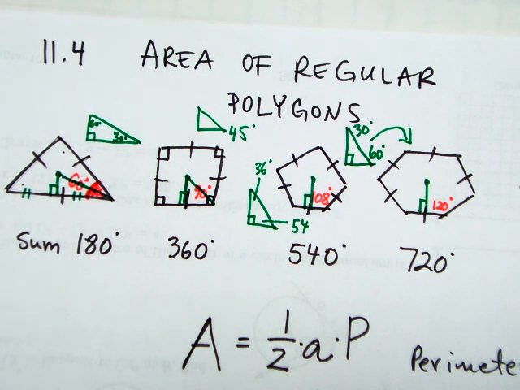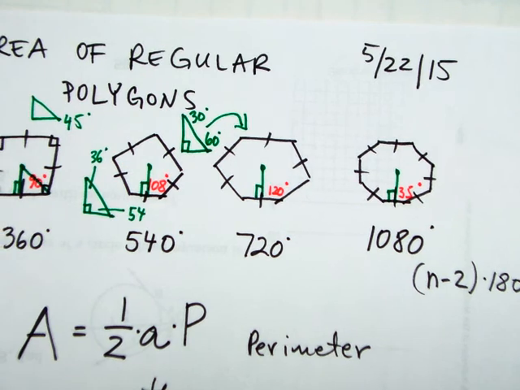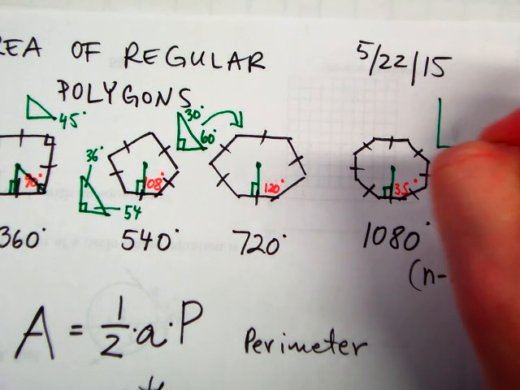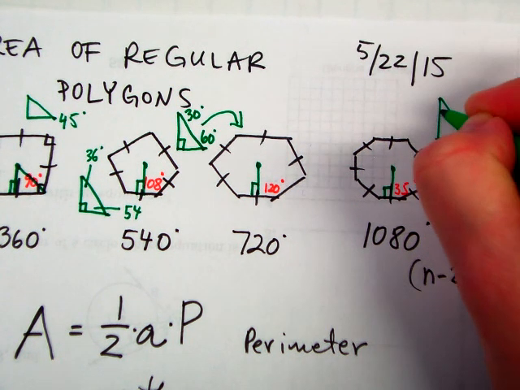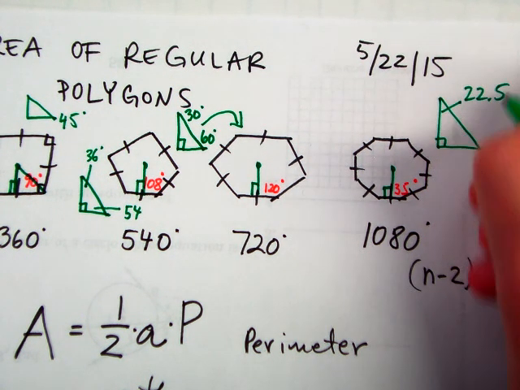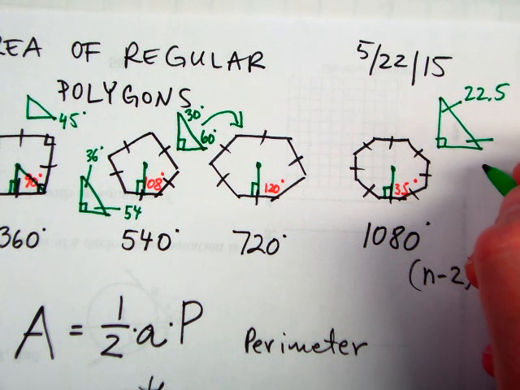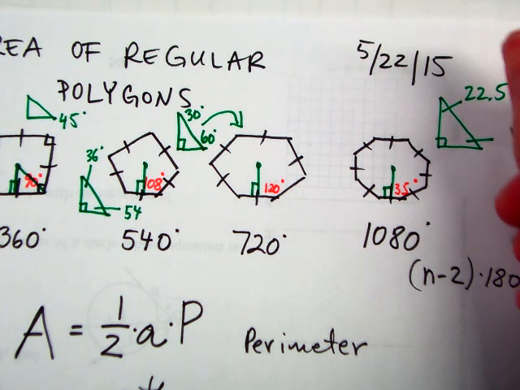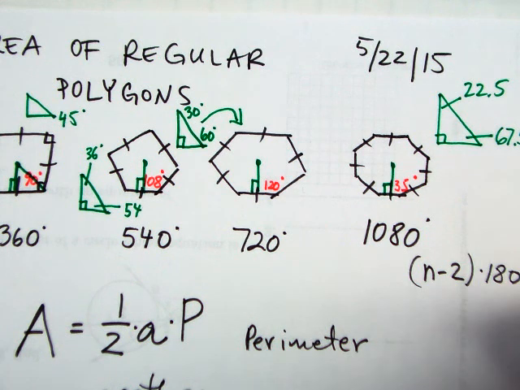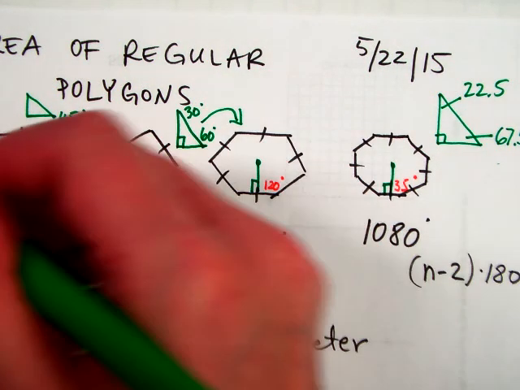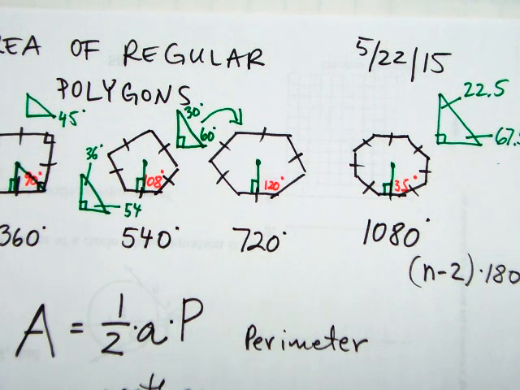So 30, 60 for hexagon. An octagon, we just figured it out. That's the 22.5 and 67.5. Now, of course, if at any point on the test you forget what triangles to use, you can always just easily figure them out. All right.